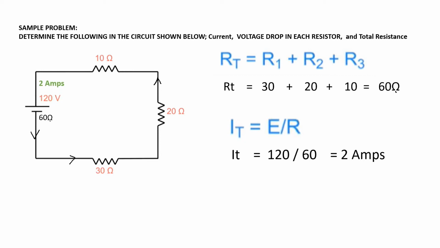Ngayon naman po, para makompute po natin yung ating tinatawag na individual voltage drop in each resistor, ay gagamitin pa rin po natin yung tinatawag nating Ohm's Law na V is equal to IR. Therefore, dito po natin muna sisimulan sa 10. So 10, ang R po, ang atin pong current ay 2, siya po ay 20.